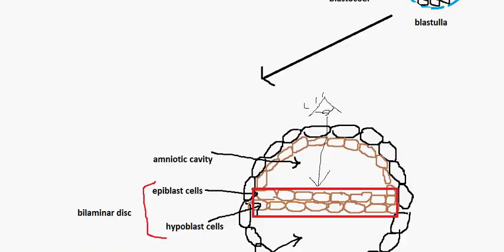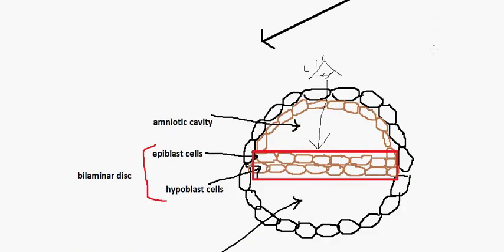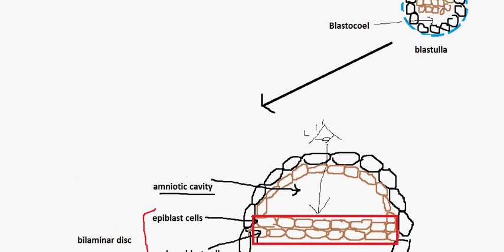The structure will be quite big, as you can see. The main event here is that another cavity is forming, known as the amniotic cavity. This amniotic cavity contains the amniotic fluid, in which the embryo will later be floating. There is also a considerable change in the inner cell mass.